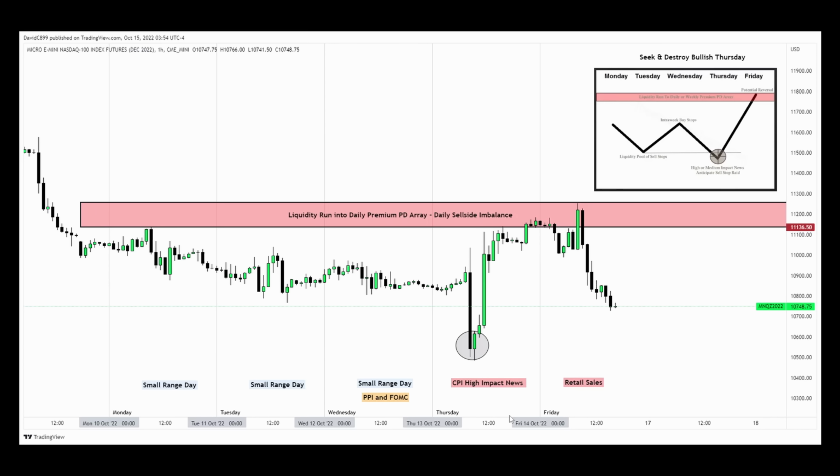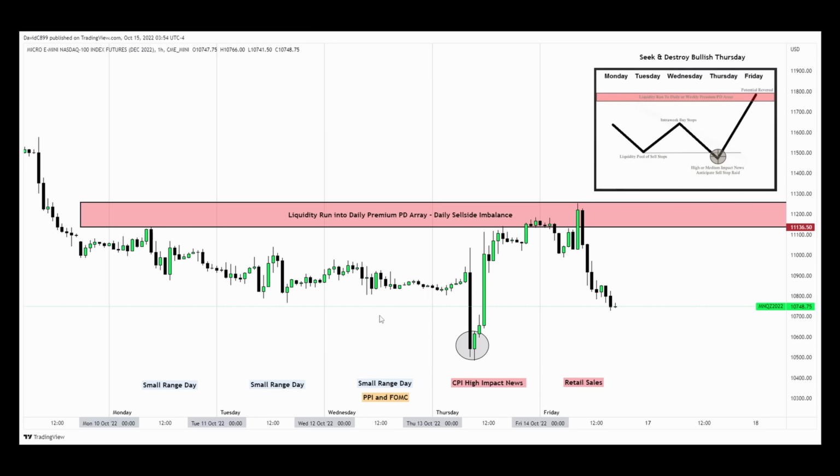Weekly profile for the NASDAQ futures contract. Seek and Destroy Bullish Thursday. We can see that on Monday there was a small range day, Tuesday as well. On Wednesday there was the PPI news release and the FOMC meetings, but price stayed in a tight consolidation and was not willing to move lower or higher into liquidity.